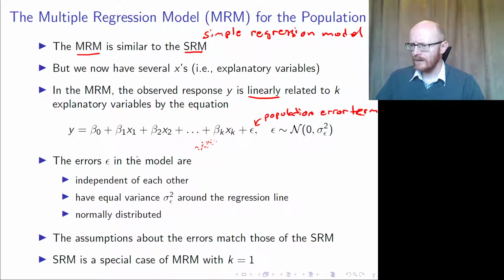So what's important is that the population error term is assumed to be independent, which means that you have no pattern when you plot the error term onto the response variable.